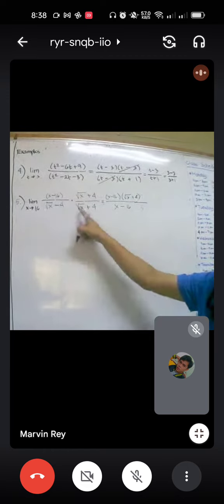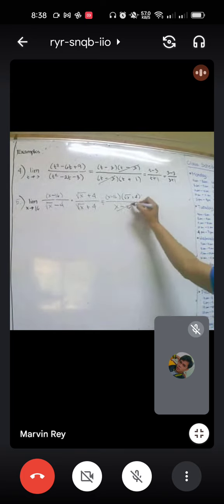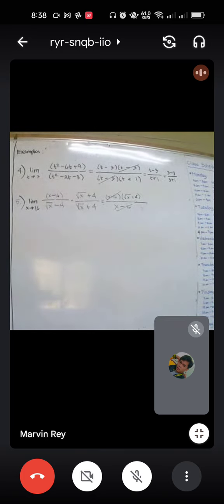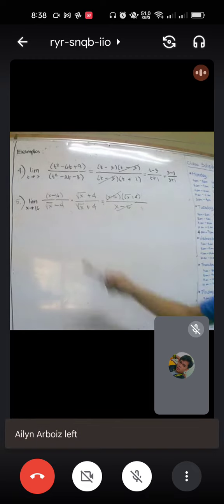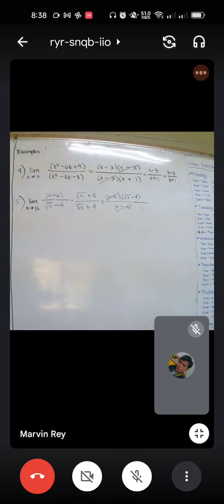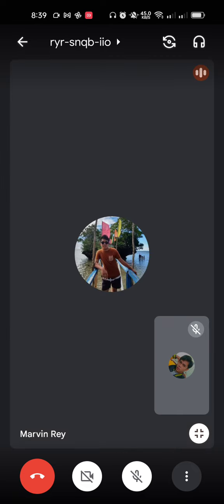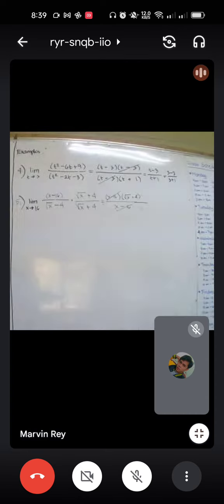If you distribute it again, it will just lead to the same scenario, you just bring it back to how it was. So it would be better to rationalize, then not distribute the numerator part so that it is possible for the value to be cancelled out.